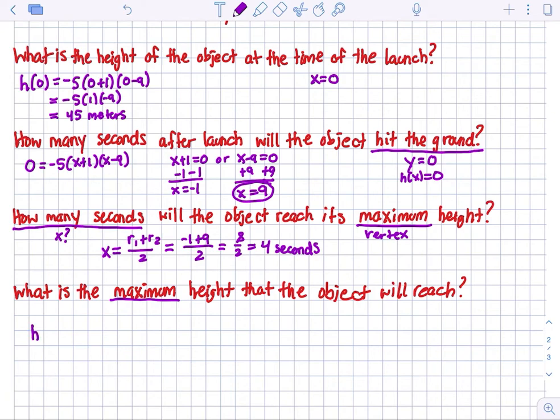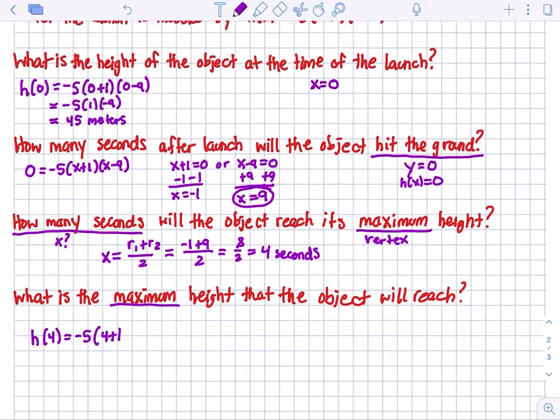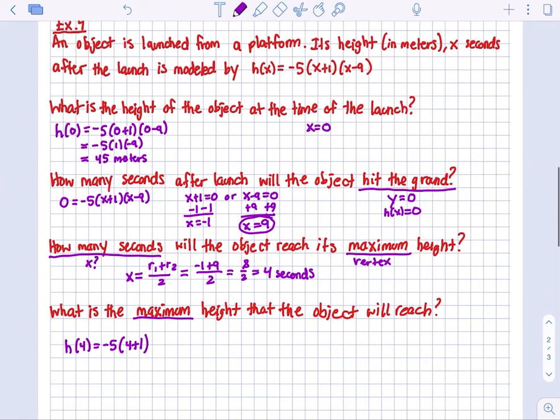So h of 4 is equal to -5 times (4 plus 1) times (4 minus 9), which is -5 times 5 times -5, and this is going to equal, you guys, 125 meters.